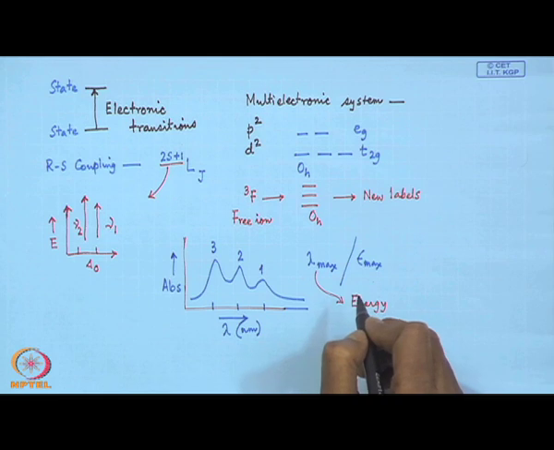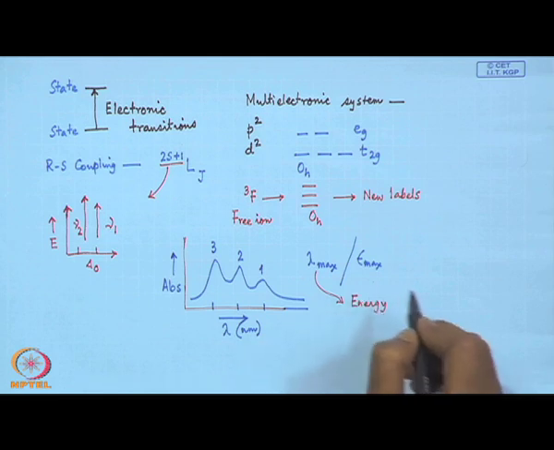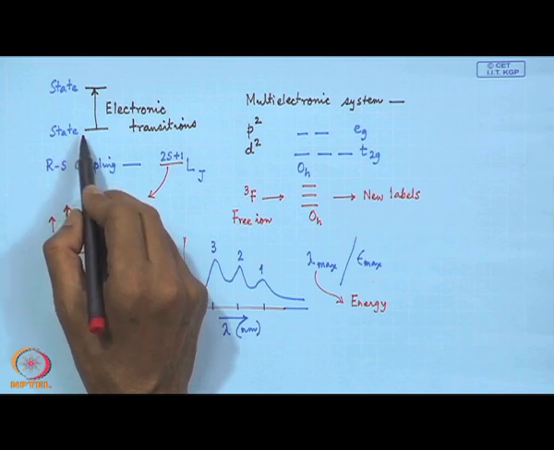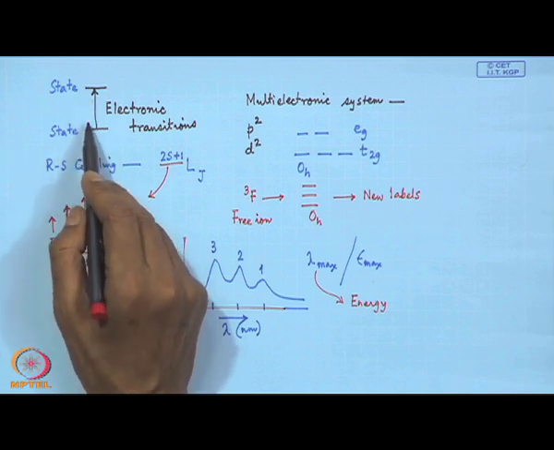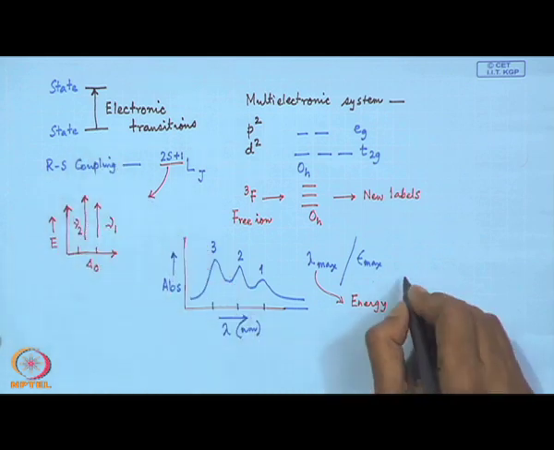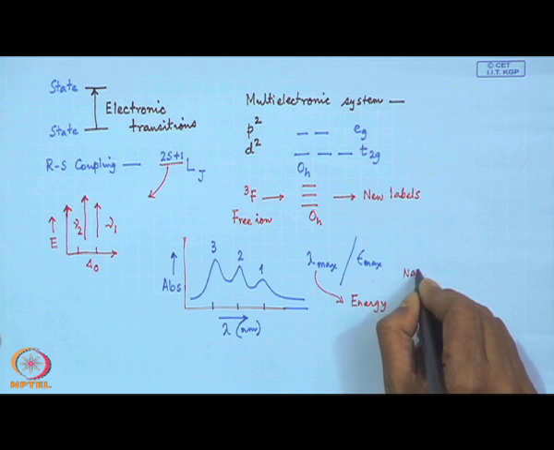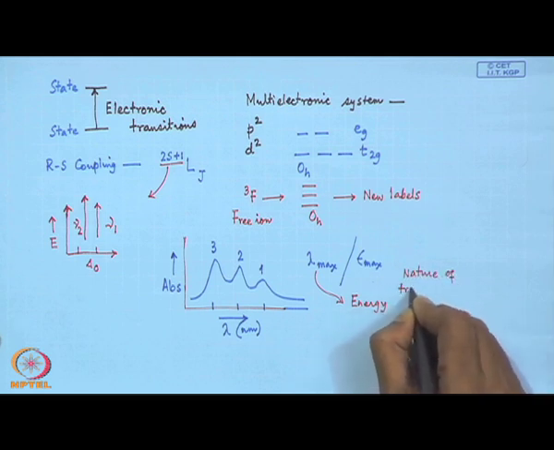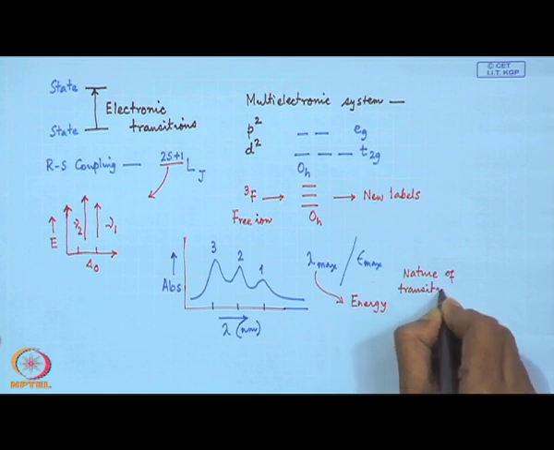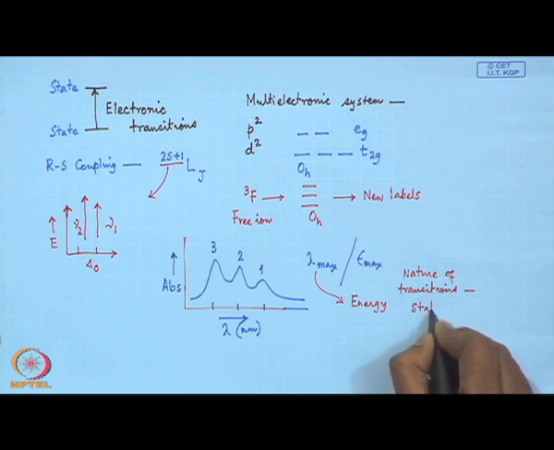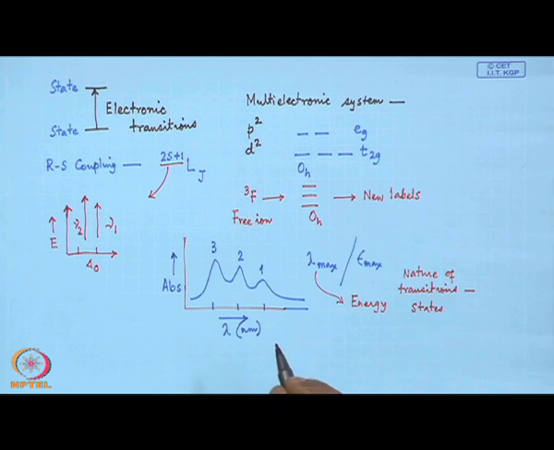The only thing we can predict from there is the states or electronic term symbols involved for the metal complexes for a particular type of transition. So, we will be considering the nature of transitions, that means the states which are involved for those transitions.